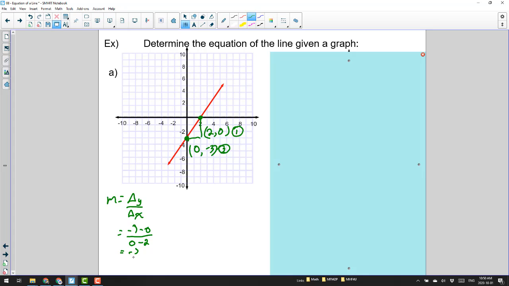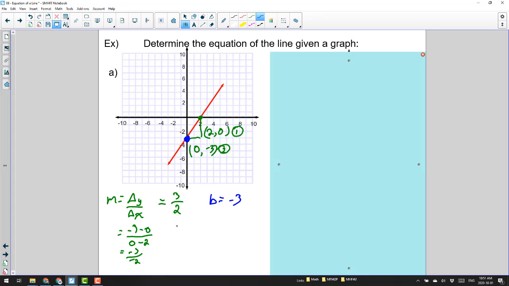So we have -3 over -2, which is, I'm running out of room here, I'll bring this up here. So that's going to be equal to 3 over 2. So that's my slope. My y-intercept I can read right off, we can see the y-intercept is -3, so that's my b value. So b value is -3.